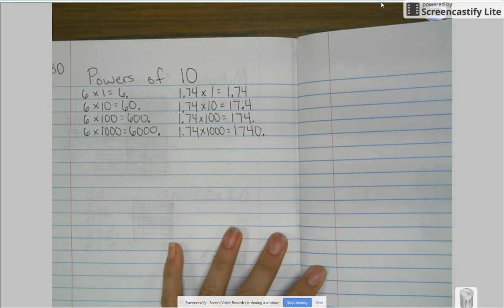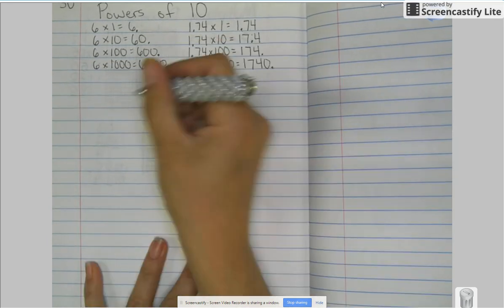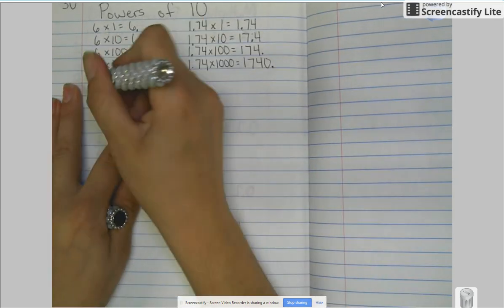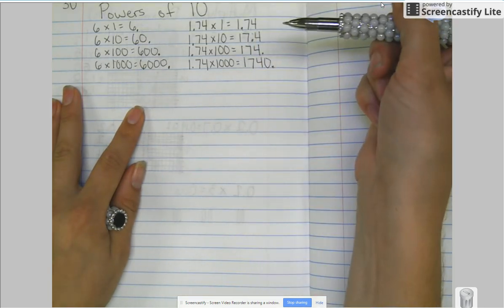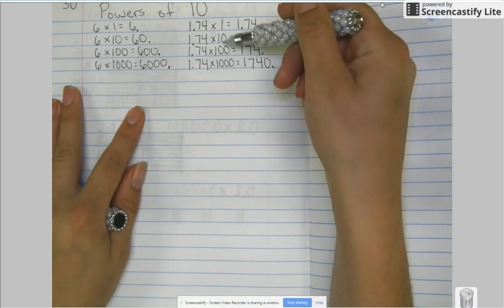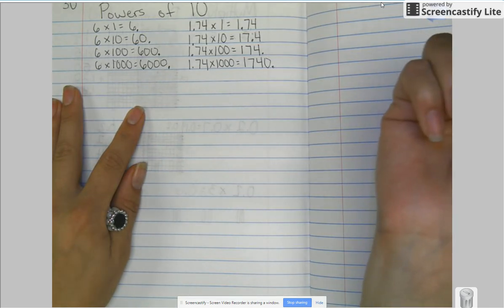Now, there's something interesting about dividing by 10. Okay, let's try something similar here. So if it moves the decimal up when you're timesing by a power of 10, what happens when you divide it by 10?